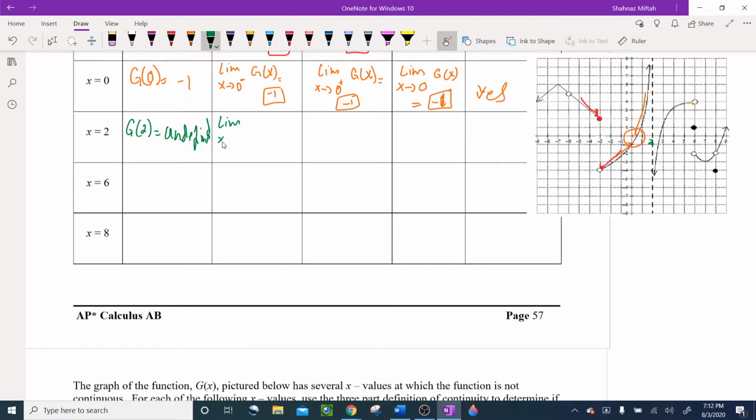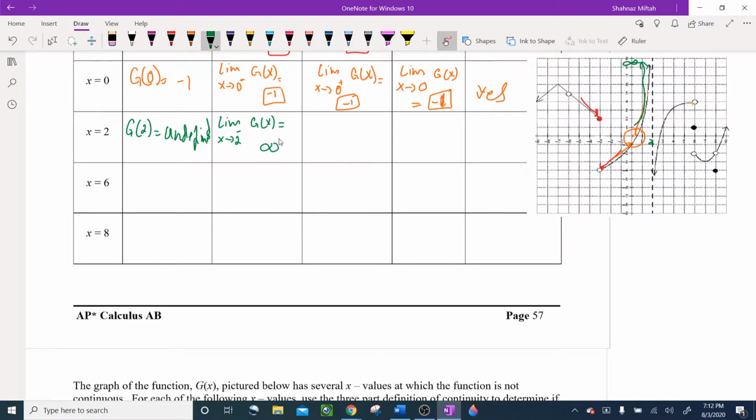Limit x approaches 2 from the left of g of x equal. So that's my 2, and I'm talking about left. Left is this portion, right? So when I'm approaching the y value of 2 from the left side, do you see the y value is continuously going in this direction? It's not going to cross the vertical asymptote 2, but it's going continuously, which means the y value is going to positive infinity.